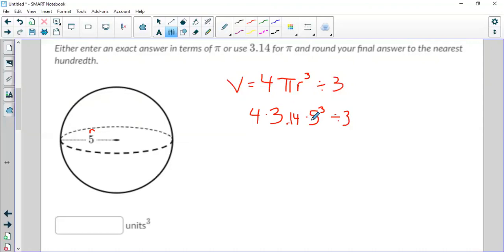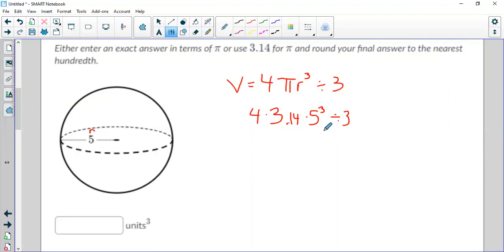If you're not sure how to do 5 cubed on a cell phone calculator or a standard calculator, you can just do 5 times 5 times 5. So instead of doing 5 cubed, I can do 5 times 5 times 5. That's 125. So I've got 4 times 3.14 times that 125 that I got from 5 cubed, and then divide by 3.